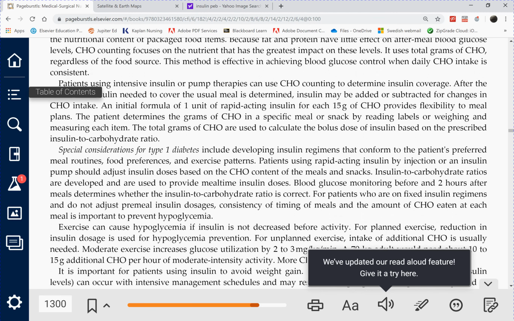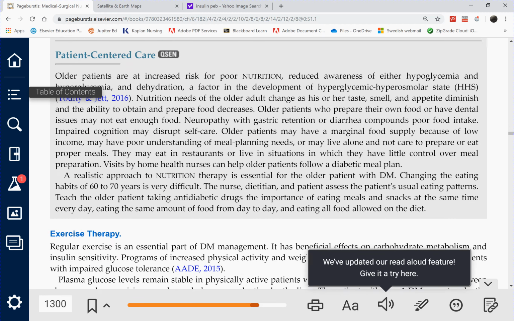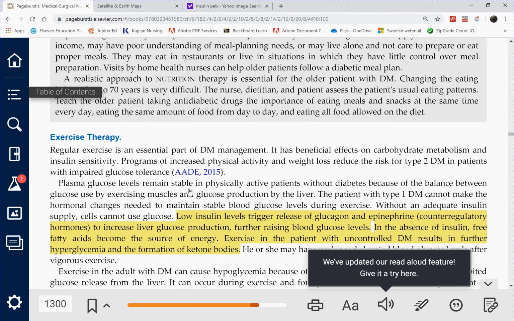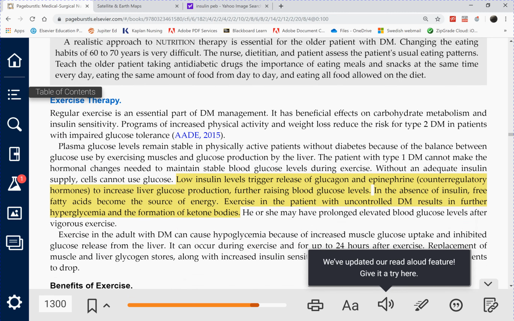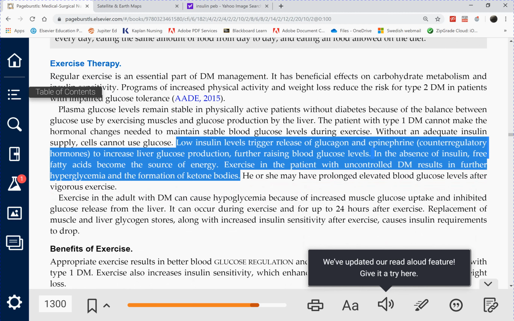Okay, let's go to exercise. Yeah, okay, here, exercise. I encourage you to read the whole paragraph, but let me point out some things here. Please read this. It says low insulin levels trigger the release of glucagon and epinephrine.